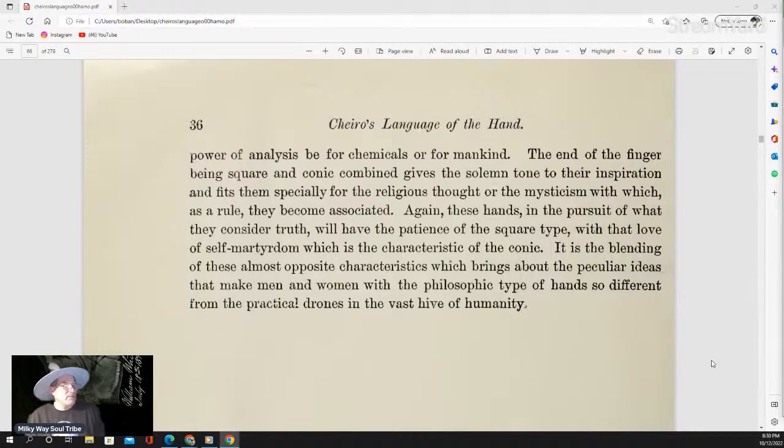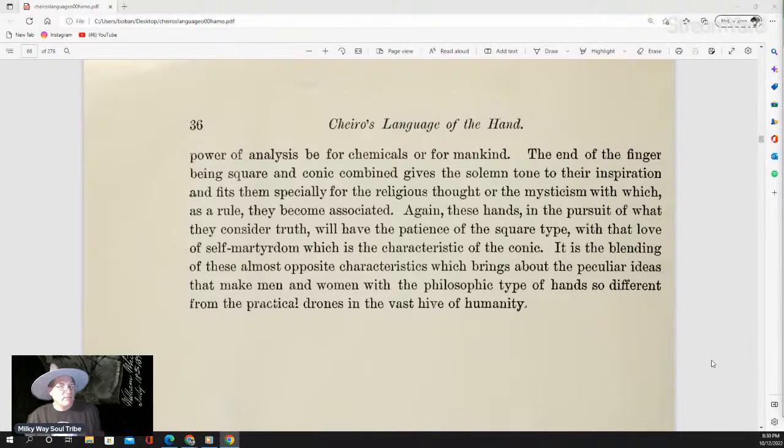The end of the finger being square and conic combined gives the solemn tone to their inspiration and fits them specifically for the religious thought or the mysticism with which, as a rule, they become associated. Again, these hands, in the pursuit of what they consider truth, will have the patience of a square type, with that love of self-martyrdom which is the characteristic of the conic.